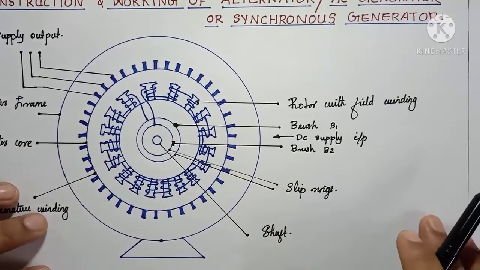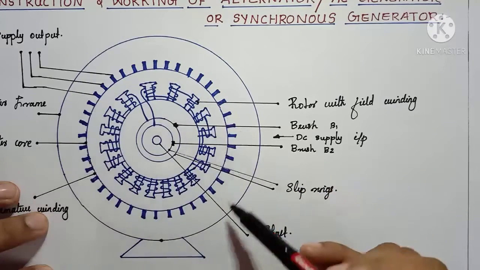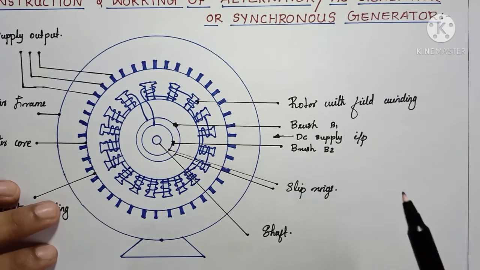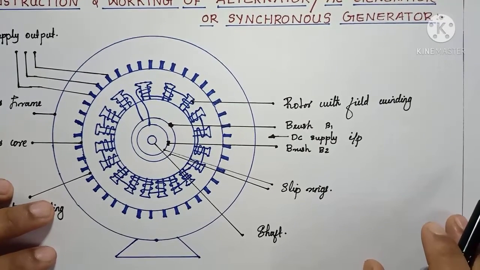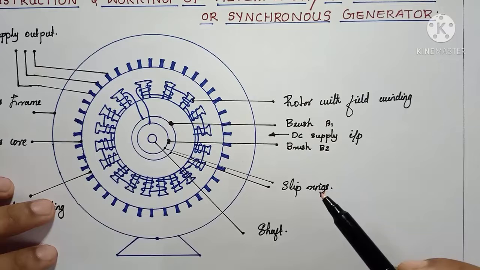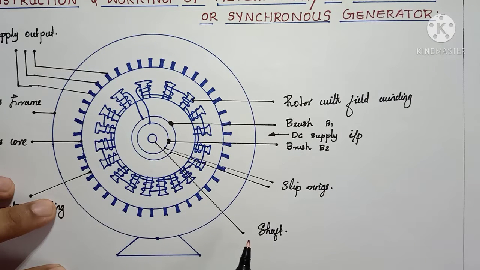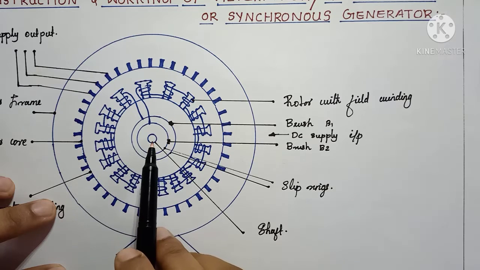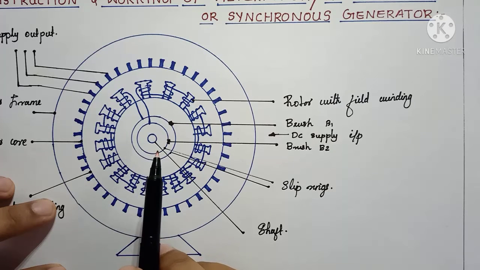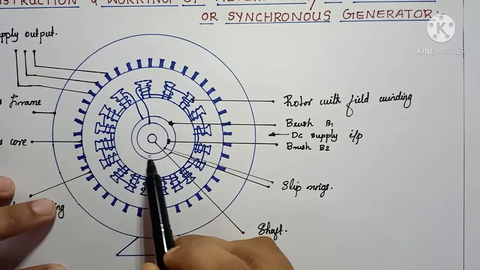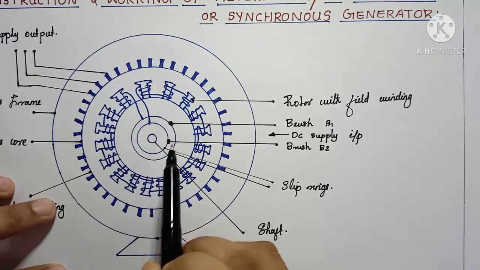Now let us see the rotating parts of an alternator. On the right side you can see first a shaft. The innermost portion of the rotating part is the shaft, made of strong material like steel. These two rings represent slip rings.